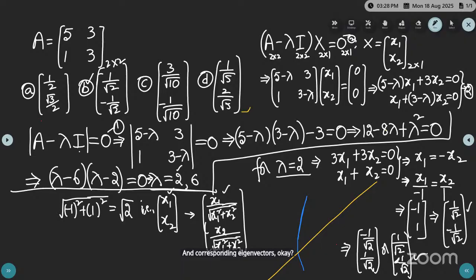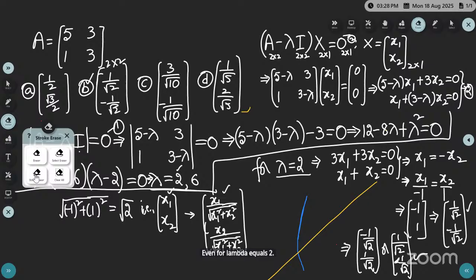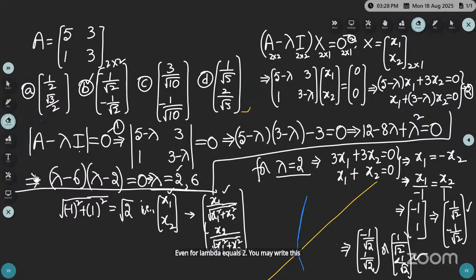Okay. And obviously for the first one itself, we have got this. But even for lambda equals to, what is the other eigenvalue? 6.